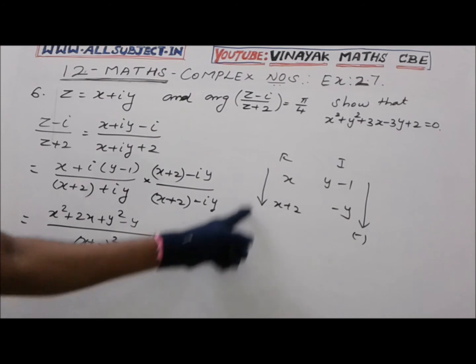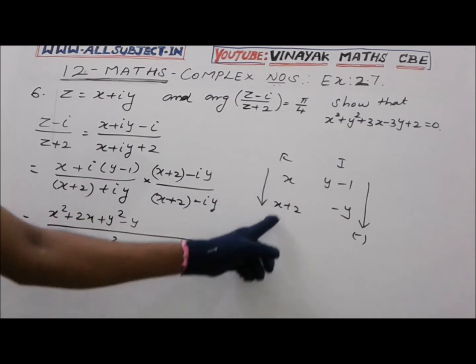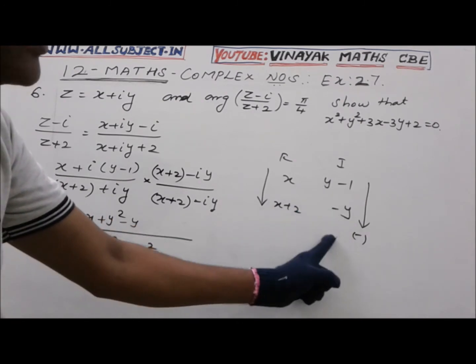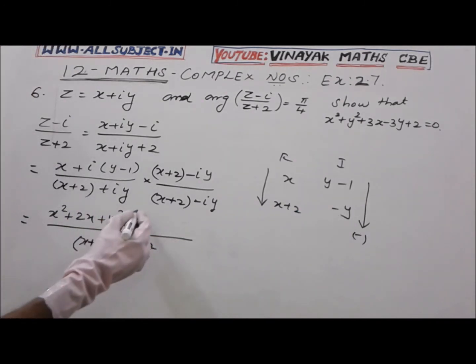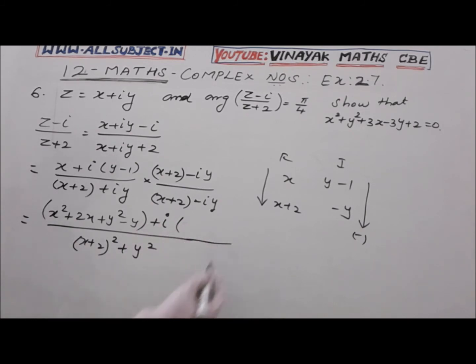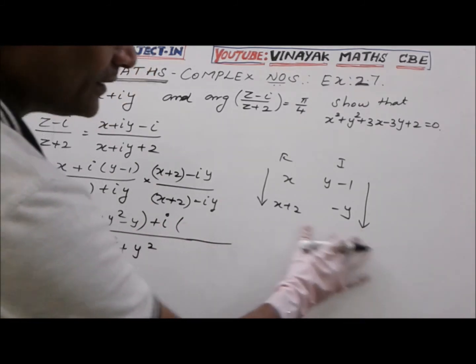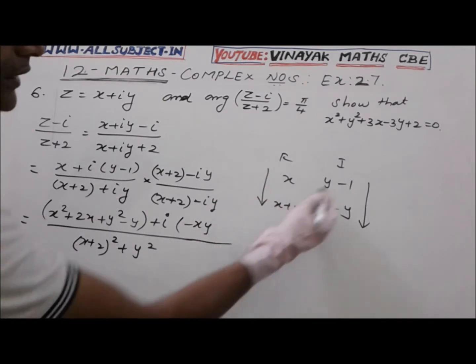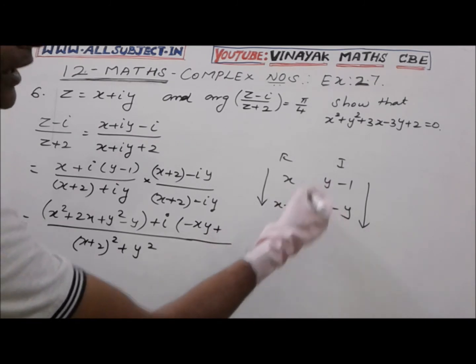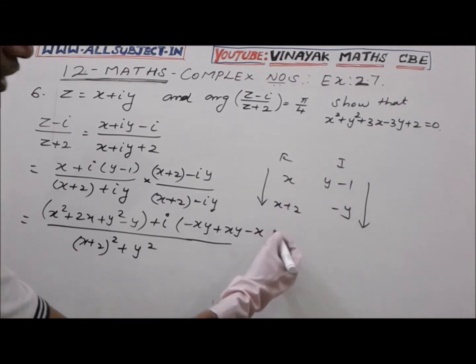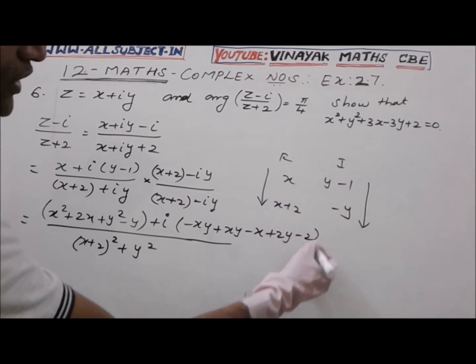So multiply the corresponding terms and write here. Then plus i into, to find the imaginary part, just cross multiply, we will get minus xy, and then xy minus x, and 2y minus 2.